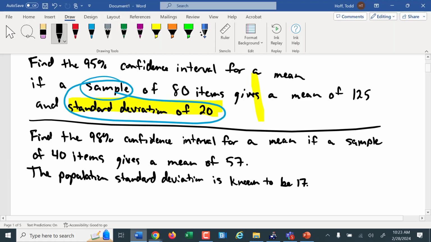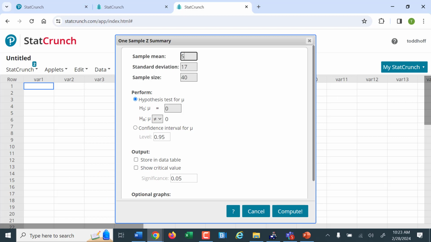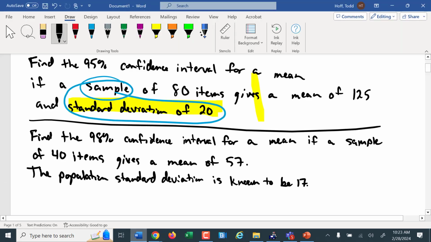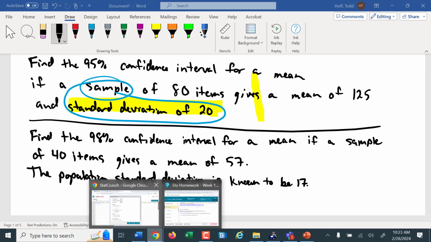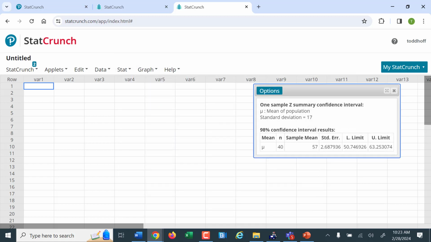Was that 47 or 50? 57, sorry. Mean of 57. Let me change that. Again, we're looking for a confidence interval. I asked for a 98% confidence interval, so this has to get changed to 0.98. And we compute. There's our interval. We go from 50.75, if we round that to 2 decimal places, to 63.25. And that's as simple as that to do confidence intervals in StatCrunch.